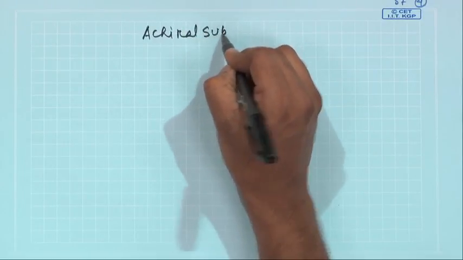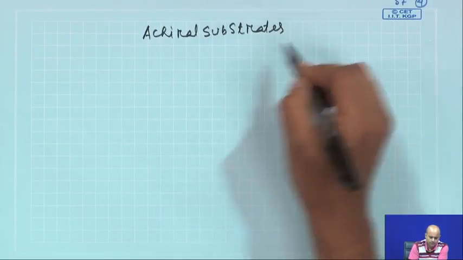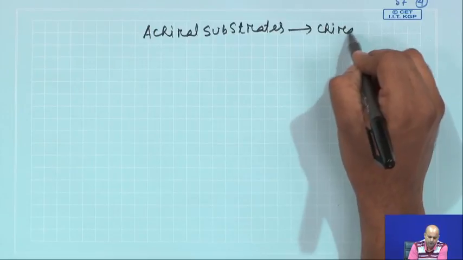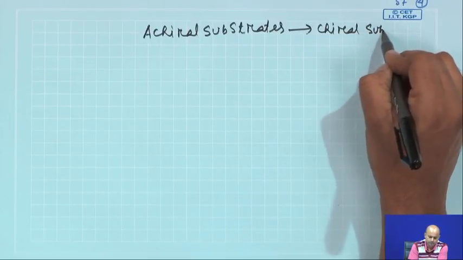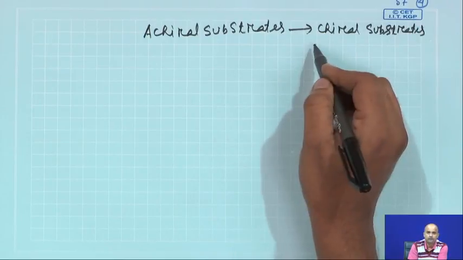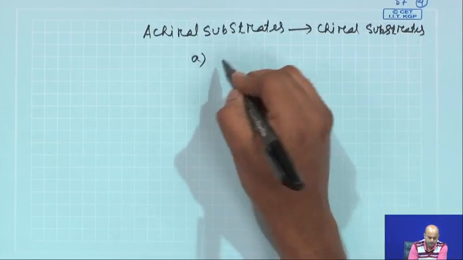In the final part of this absolute asymmetric synthesis, we will talk about what happens if you have achiral substrates. With achiral substrates, what is the usual way to create chiral substrates or to create an asymmetric center? There are numerous ways.